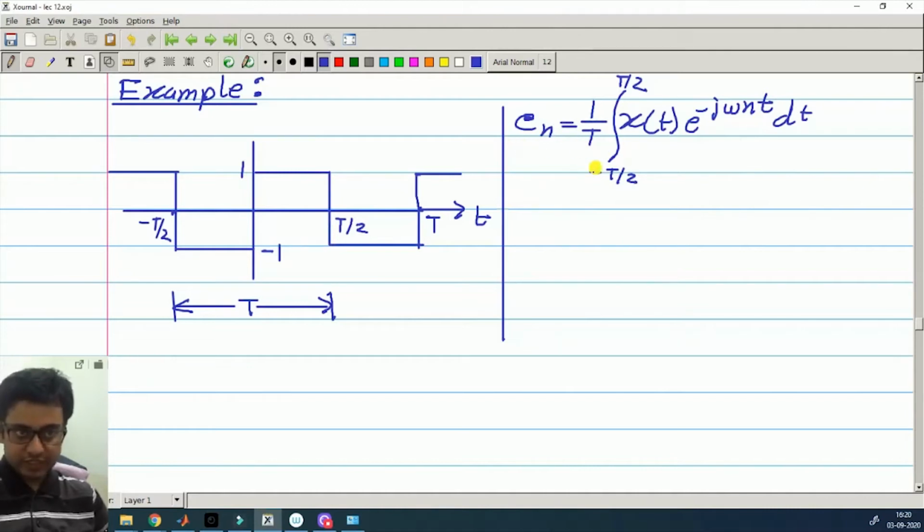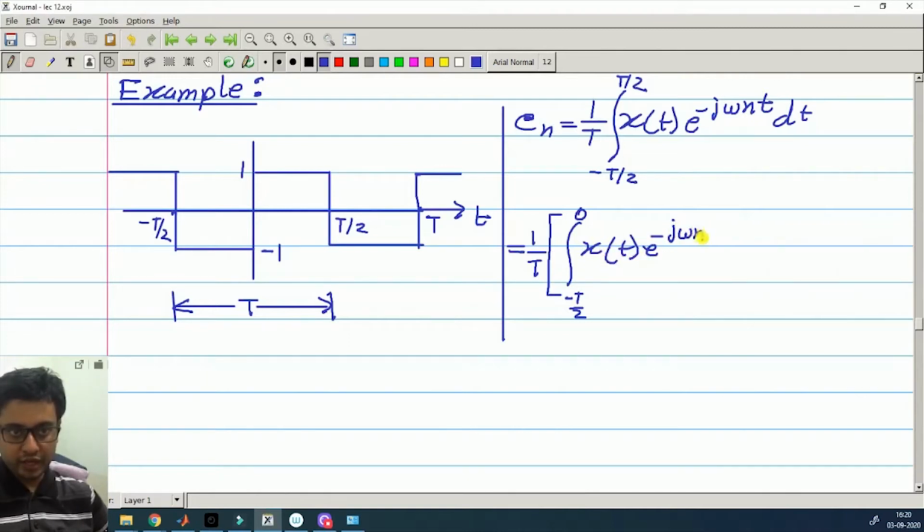Now let us do this integration. So for that, let me take 1 over T common and then write this integration in two parts. One is from minus T by 2 to 0, xt e to the power minus j omega n t. Another is from 0 to T by 2, xt e to the power minus j omega n t dt.